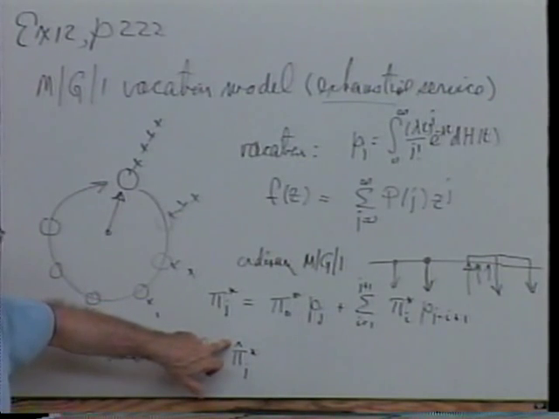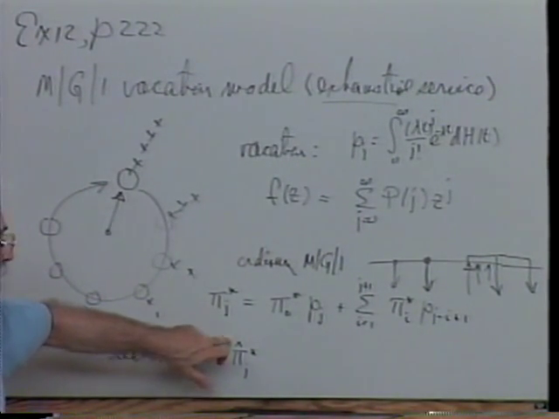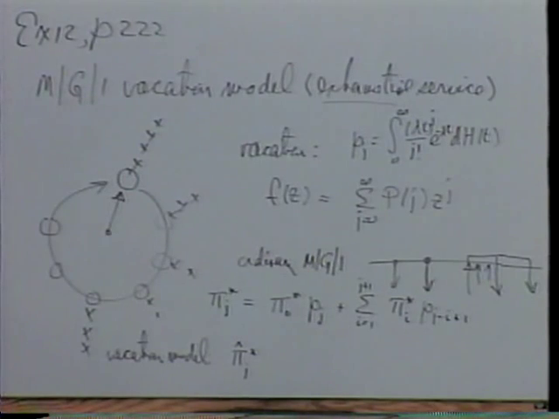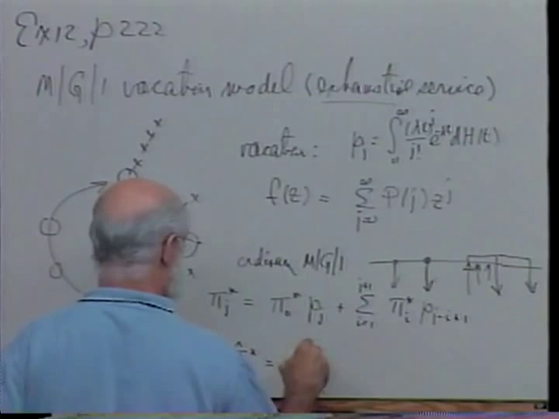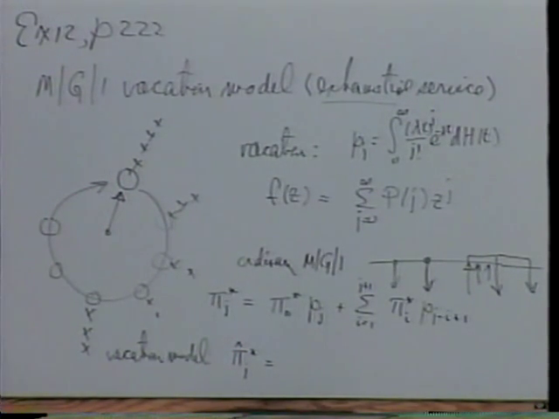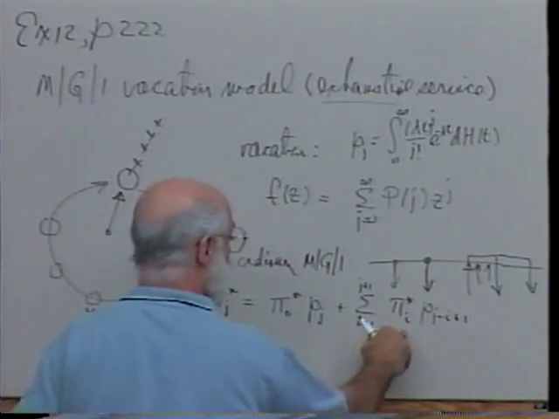The hat indicates I'm talking about the vacation model, and the non-hat means it's the ordinary M/G/1 queue. Now, in the vacation model, there are two possibilities here. Either the previous customer left the server working, or the previous customer left the system empty, just as before.